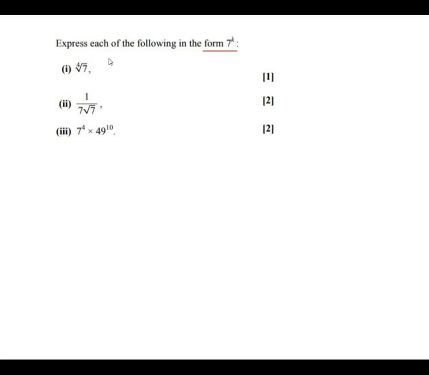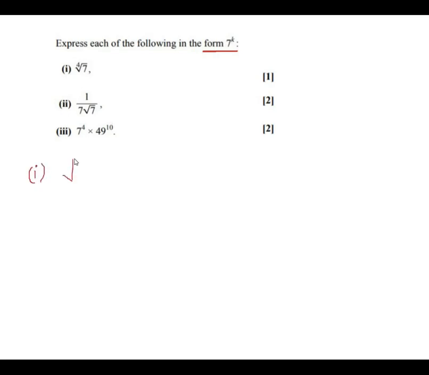Now let us look at the next question. Express each of the following in the form 7 to the power of k. Again, we should get these questions in the form 7 to the power of k. So let us look at the first one.